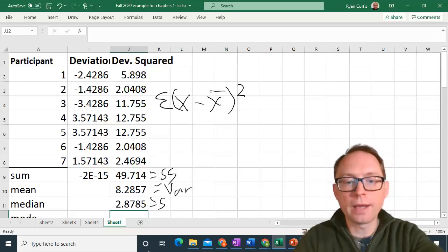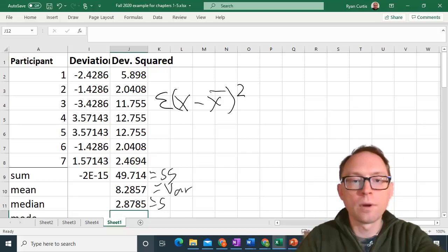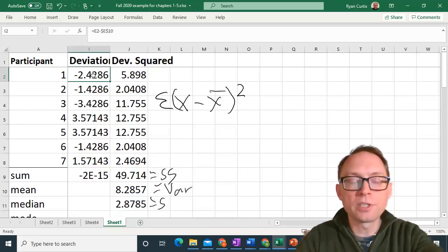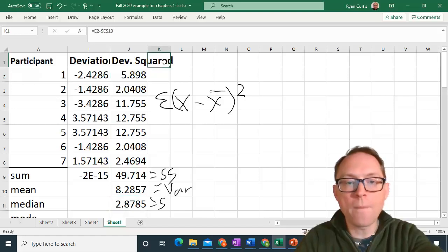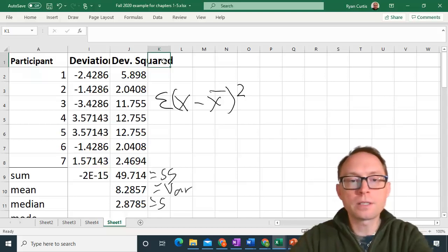All right? So how strange is participant number 1? Well, we can already see that this person is less than 1 standard deviation below, right? Because negative 2.43, we can tell that's different. But how much? What is the z-score?